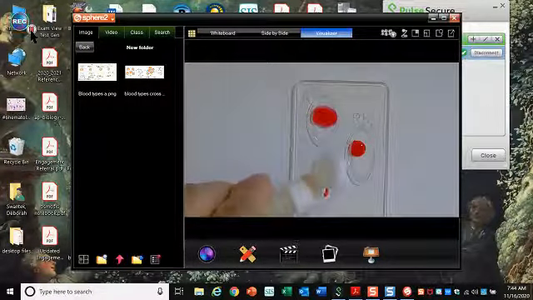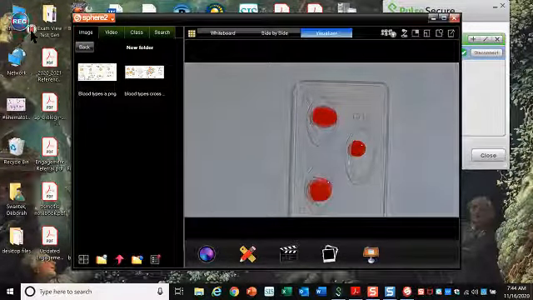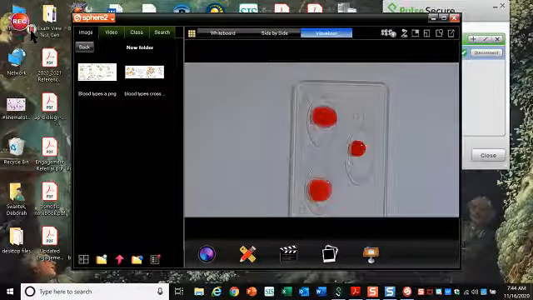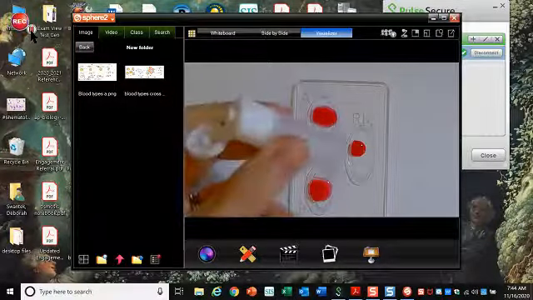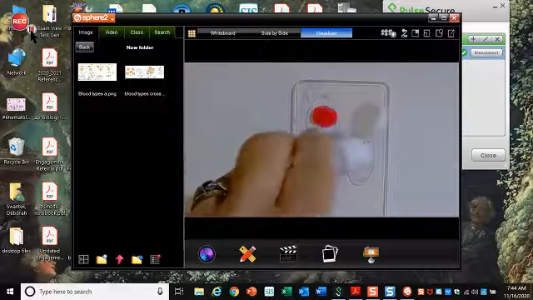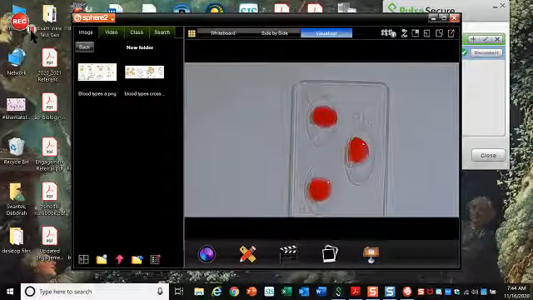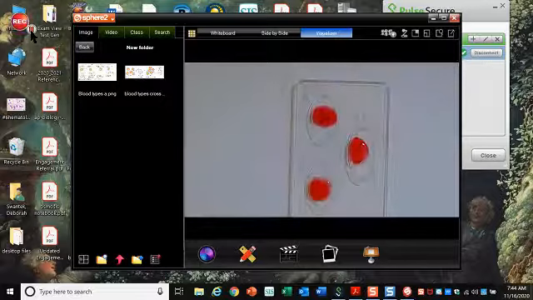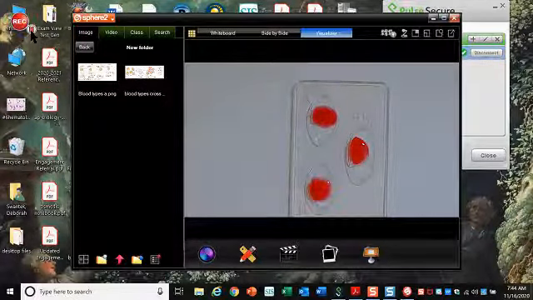Anti-B antibody. And anti-RH antibody. Okay, I'm going to mix those and let them sit for a minute. We'll get our results.